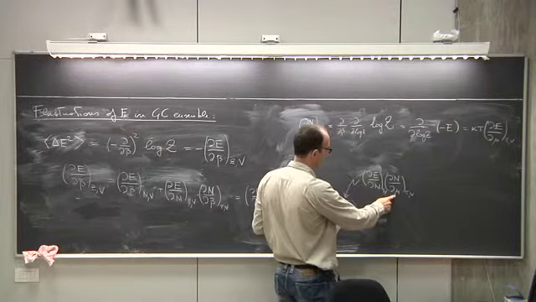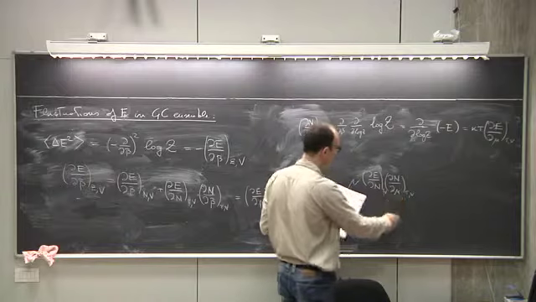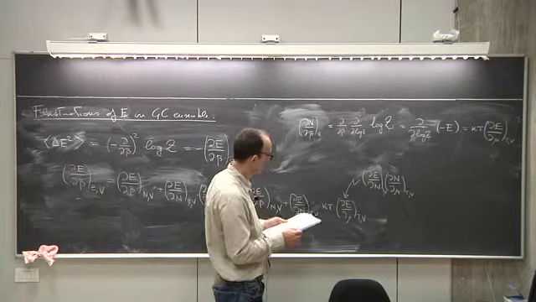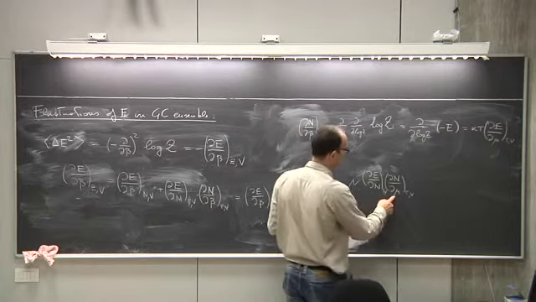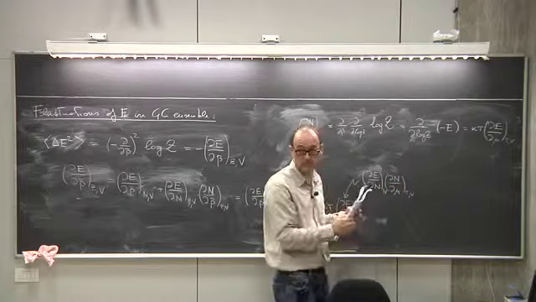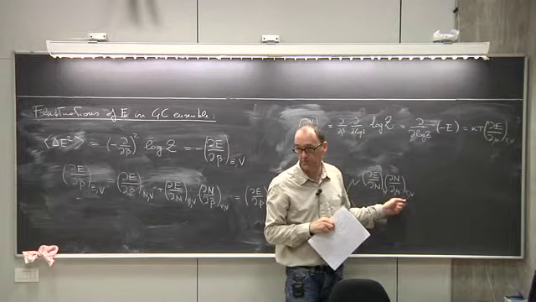And the last thing is that this dN/dμ, we have already said, tells us the fluctuations of the number of particles.